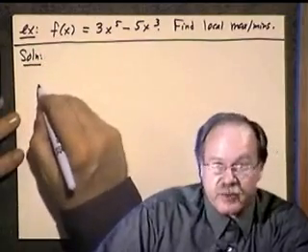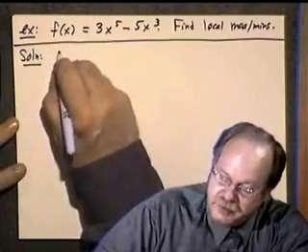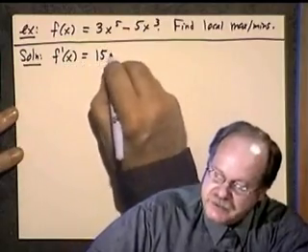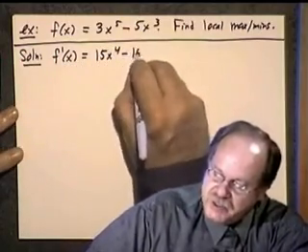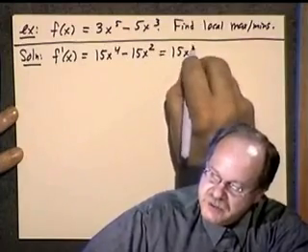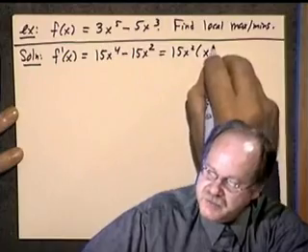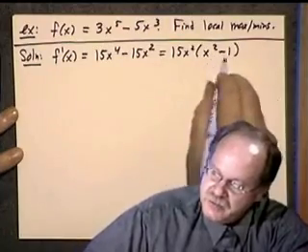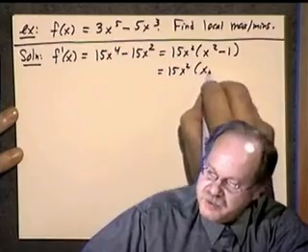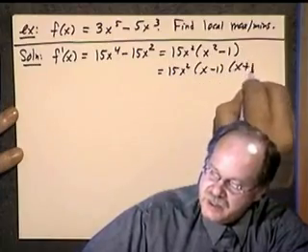To get to the second derivative, we have to pass through the first derivative. So the first derivative here is going to be 15x to the fourth minus 15x squared. That factors: 15x squared comes out, which leaves me with x squared minus 1. That in turn factors into 15x squared times x minus 1 times x plus 1.